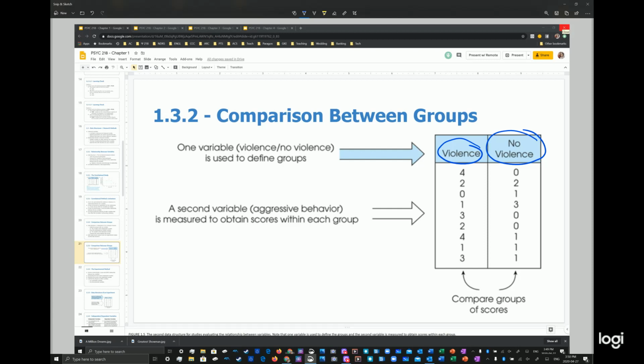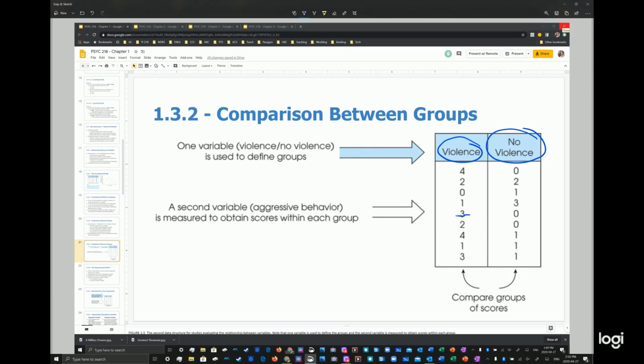So here you can see, if you count quickly, there are 9 people per group, but these are all different people. So there's a group of 9 over here, call this N1, and then there's another group of 9 other people who have not watched the show. And we're comparing these groups to see if there is a difference in aggressive behavior that the people show.